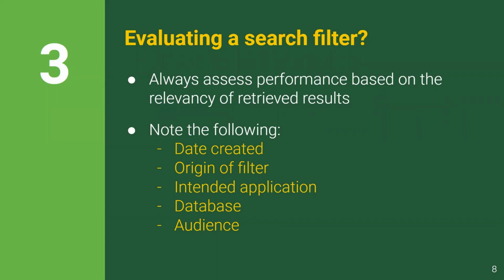So there might be things that are outdated or things that you want to add. The search filters can always be revised, and you can go ahead and do that. Consider the intended application of the filter and if there are any noted limitations. Finally, ensure the filter was created for a specific database and platform. Each platform has its own language of syntax, and this cannot be interchanged between platforms.